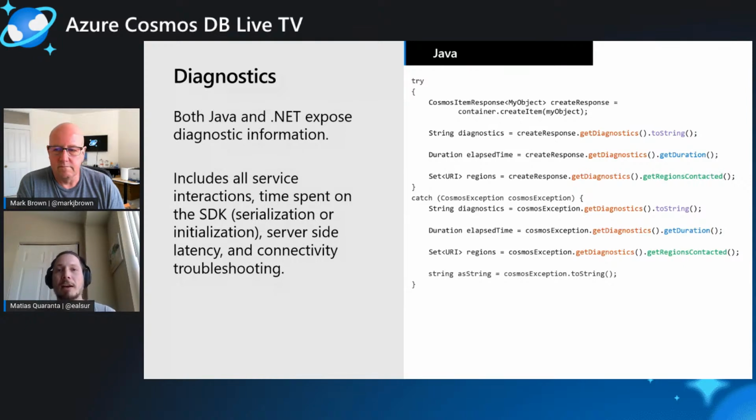Our recommendation is that it would be beneficial to store it in exception or error scenarios where you get an exception and you are not sure what happened, so store the diagnostics. And for success cases, we've seen customers conditionally store these diagnostics for requests that they want to analyze.